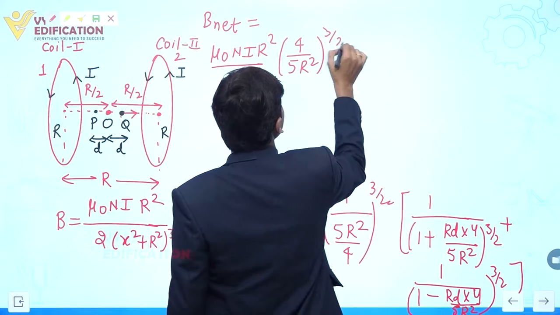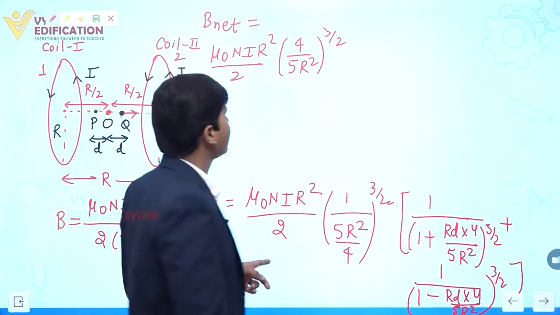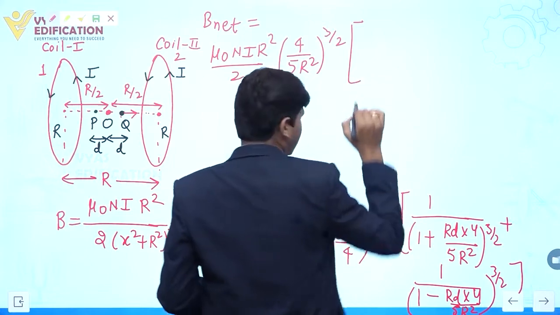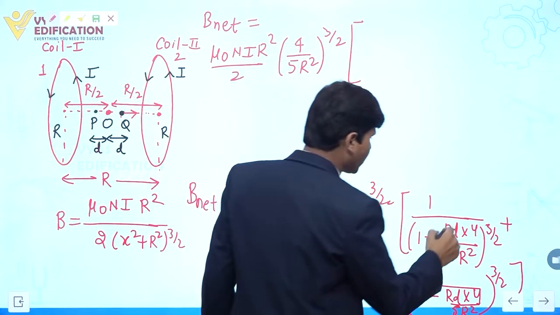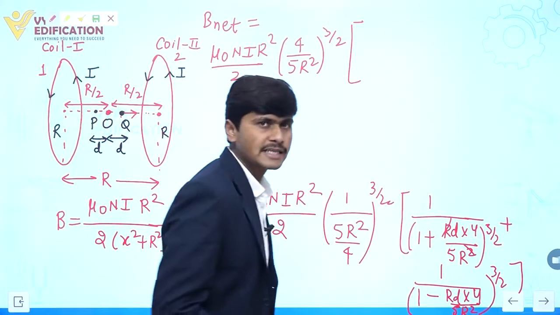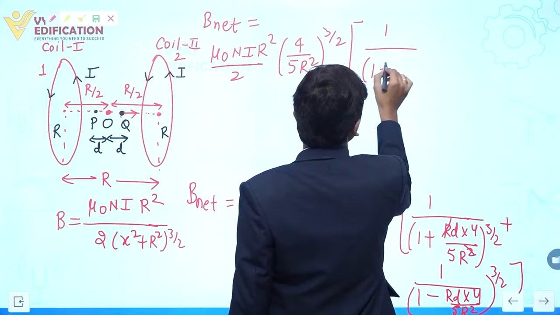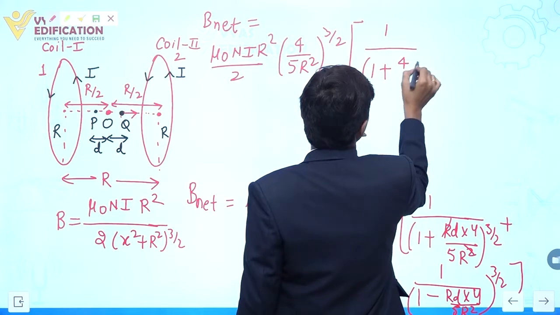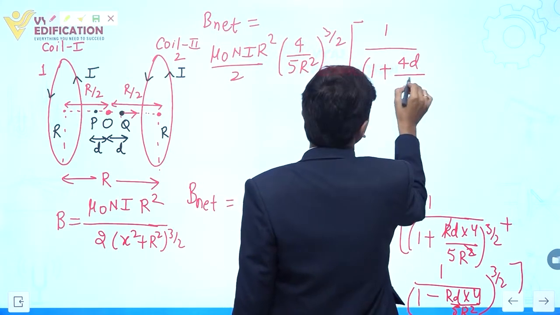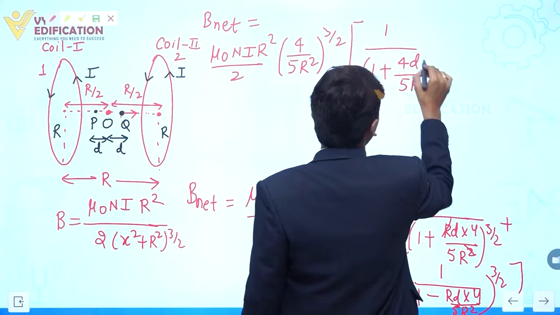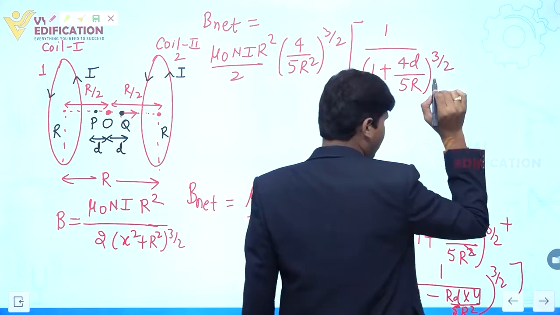Clear everyone? And from here we can say r and r, this one is cancelled out. So 1 upon 1 plus 4d divided by 5r, power 3 by 2. Clear?